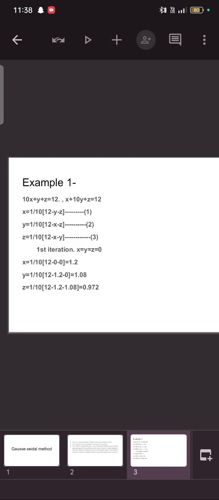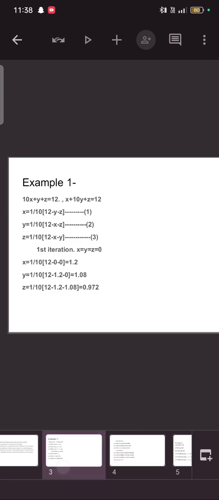Then for y, replacing the value of x as 1.2, we get the value of y as 1.08. Then the value of z is 1 by 10 bracket 12 minus 1.2, which is the value of x we got in the above step, minus 1.08, and the value of z becomes 0.972. This is the end of the first iteration.